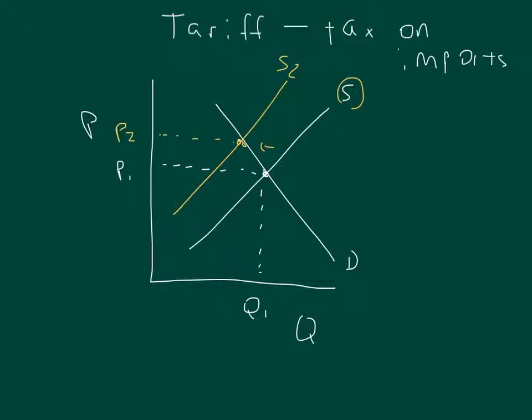If you can imagine, Toyota having to pay that $500 tax per car is probably going to raise the price on its cars by $500 to parlay that cost onto consumers. So the price is going to rise, and the quantity of cars in the market is going to decrease. And so what this tariff does is create a higher price and lower quantity in the market.